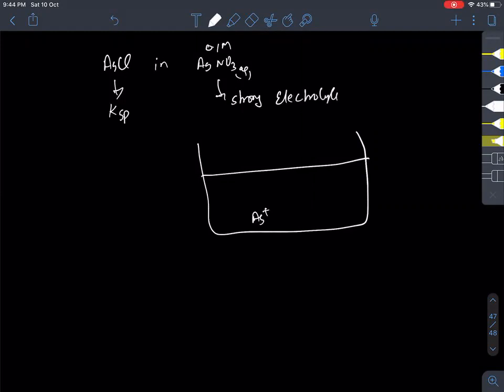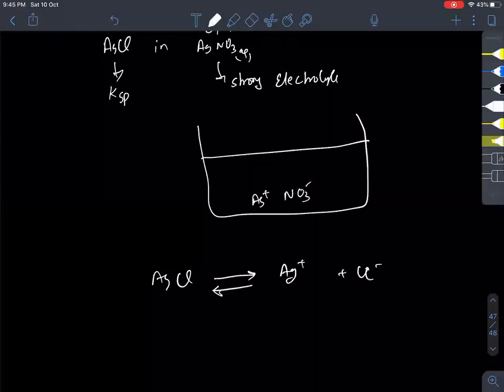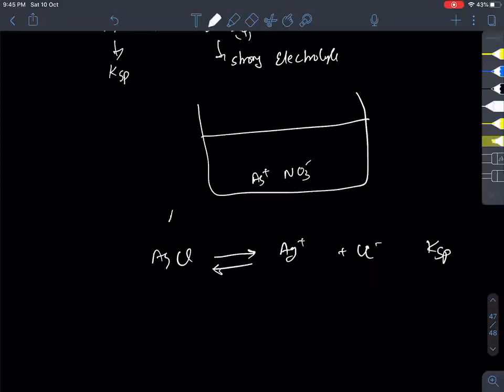Ag+ we are having, and then we are having NO3-. So how to solve it? Very simple. You just solve it the way you solved the previous problems of weak acid. So we are having Cl-, the value is Ksp, and AgNO3, which is a strong electrolyte, is already there, Ag+ and NO3-.